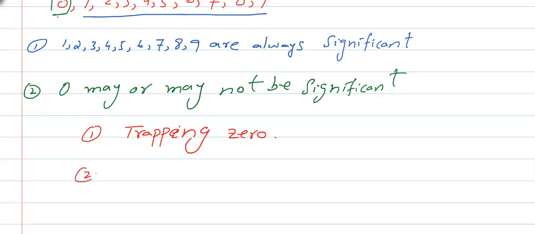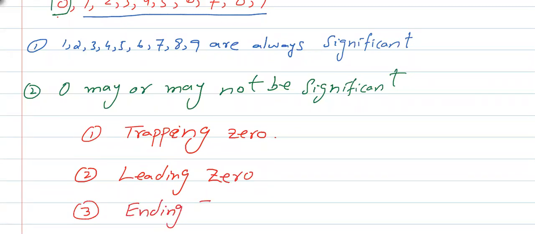The second can be a leading 0. Your 0 can be a leading 0. And the third thing is that 0 can be an ending 0. Now, what is the meaning of these three things? Let me write an example here so your concept of trapping, leading, and ending 0 will be clearer.